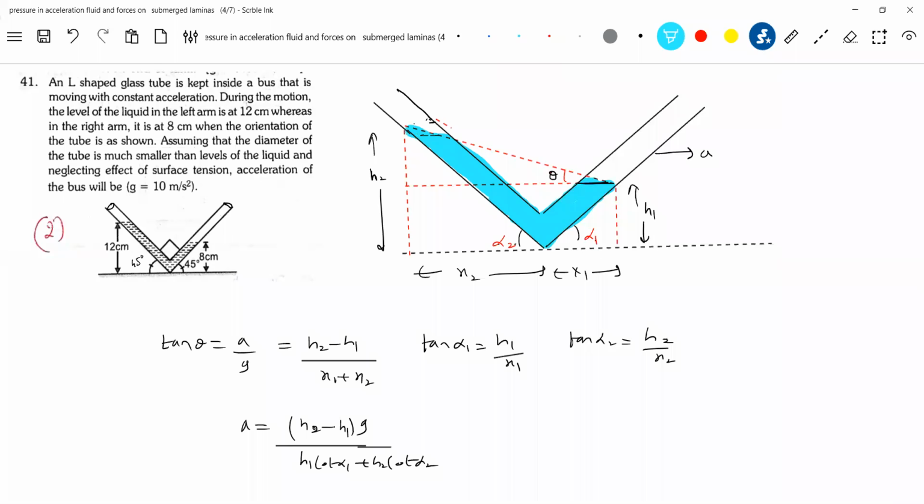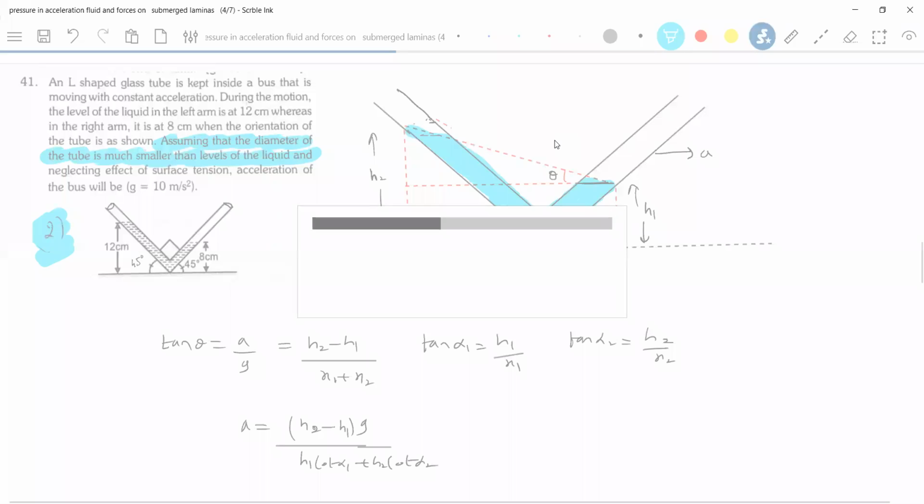Since it is telling, assume the diameter of the tube is much smaller. So we can do some approximation here. Okay, 2 meter. Okay, fine. It's a given. I'll go for the next one.